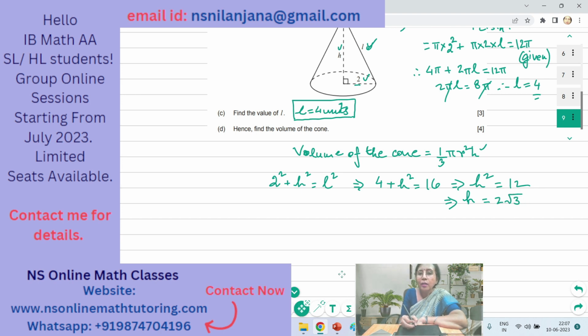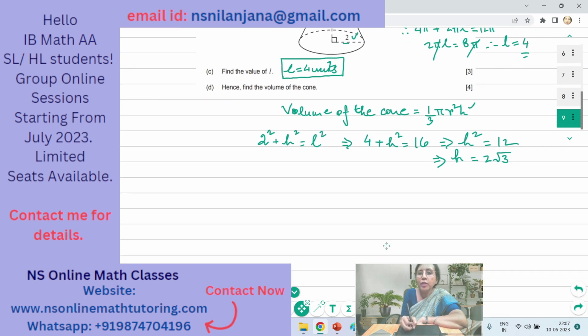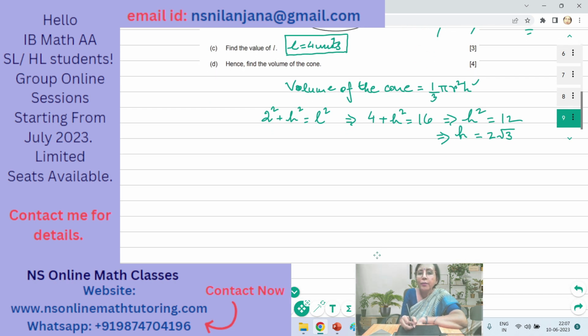Okay. Now that we know the value of h, we know the value of r, we can find the volume of the cone. Therefore, volume of the cone is equal to 1/3 times pi times r squared, that is 2 squared, times 2 root 3. Okay.